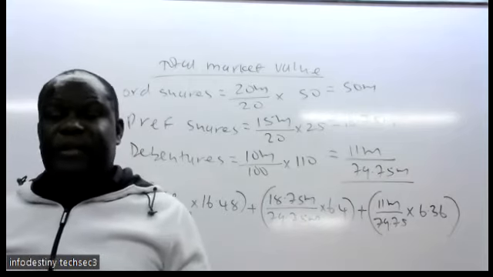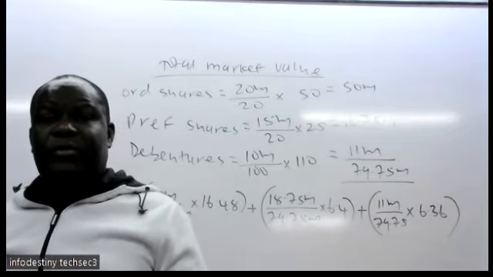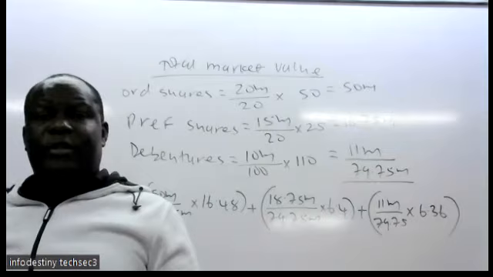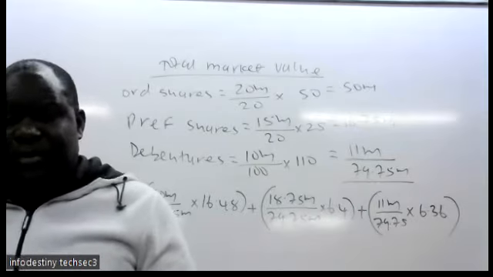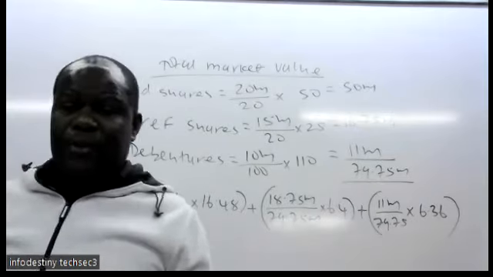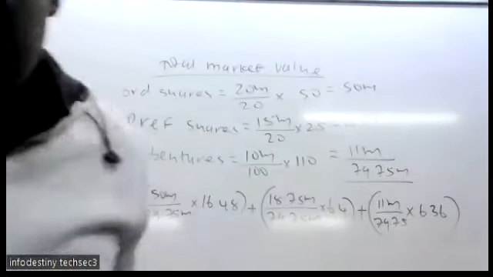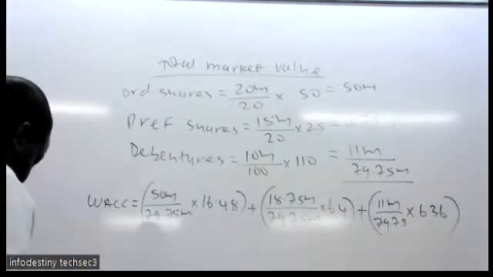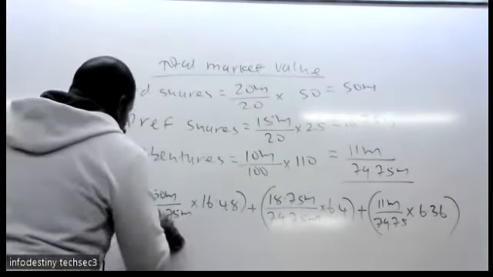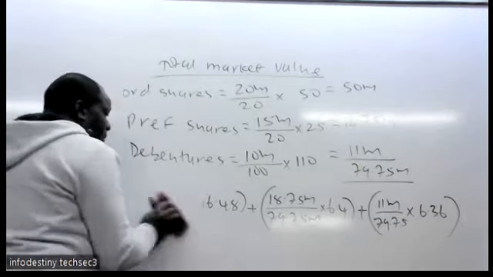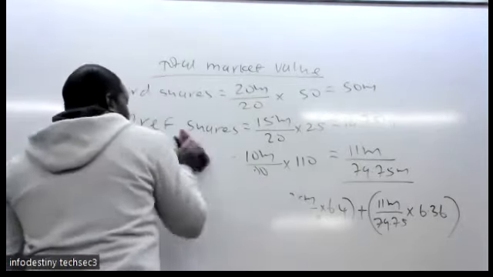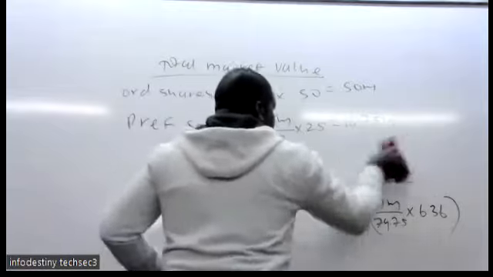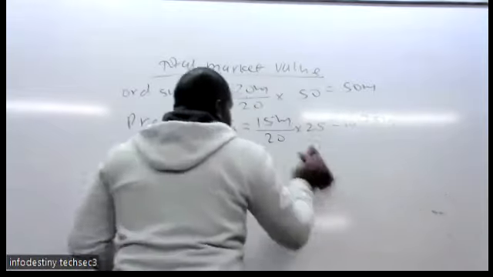So the first starting point, you need to get the growth rate, because now we shall be using the compounding method to get the growth rate. To get the constant growth rate in the dividend for this question, you apply the compounding method.